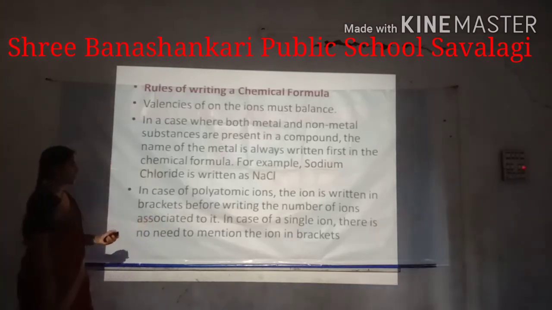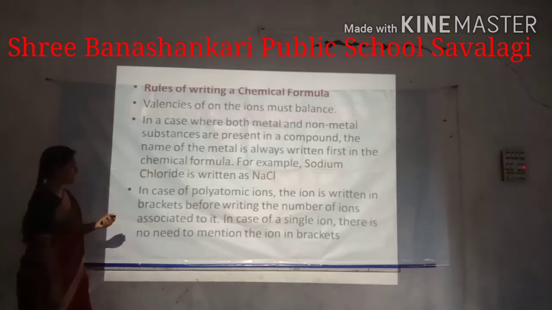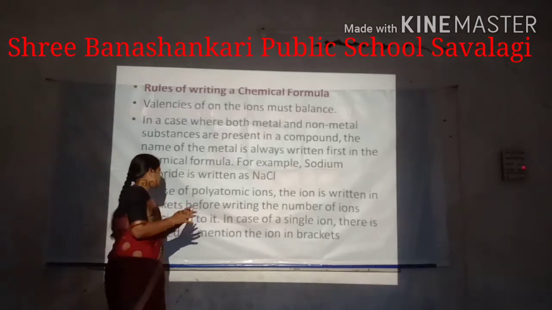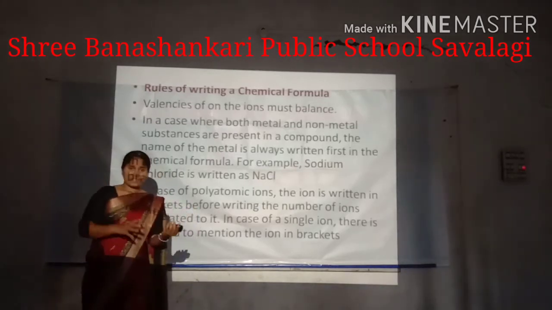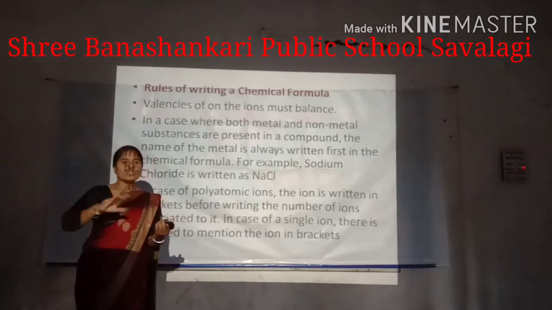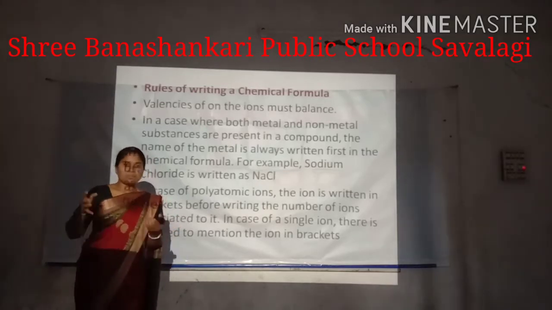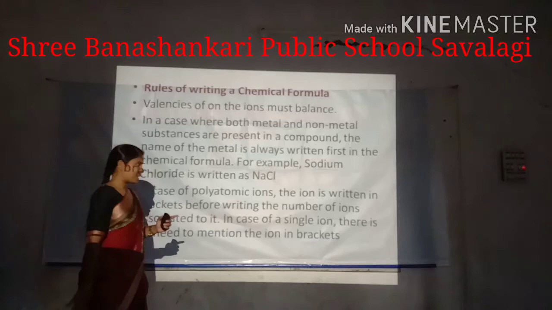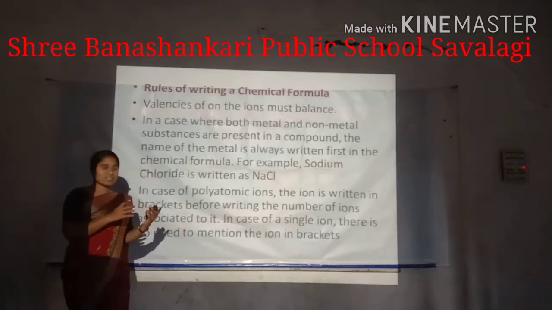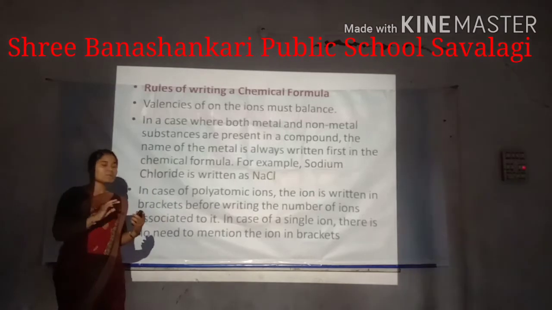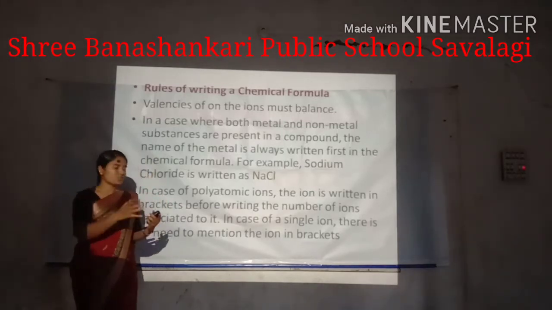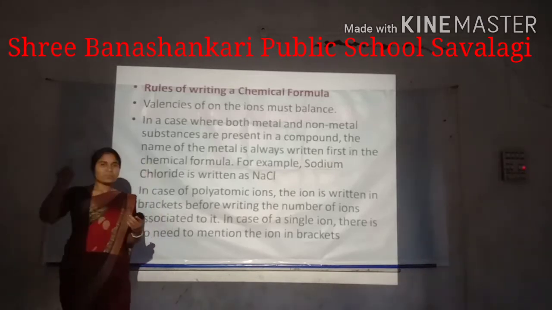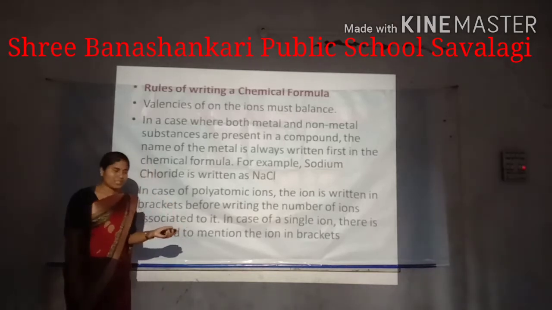In case of a single ion, there is no need to mention the ion in brackets. If the compound is polyatomic, meaning it is formed from more than 2 atoms, then we have to write the atoms inside brackets. And if there is a single ion, then there is no need to write the ion in brackets.